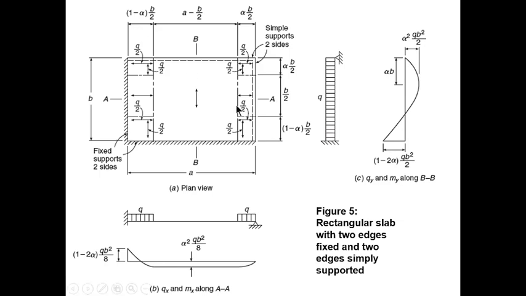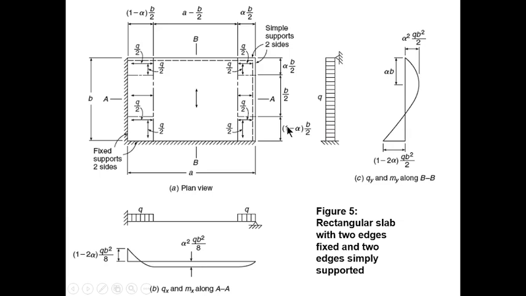But to take into consideration the stiffness due to the continuous edge, the strip at the continuous edge is usually bigger than the strip at the opposite end, which is simply supported, because this fixity, this continuity, gives the slab a higher stiffness at that side. So that is why we introduce this concept, this value alpha. And alpha usually has a value less than 0.5.